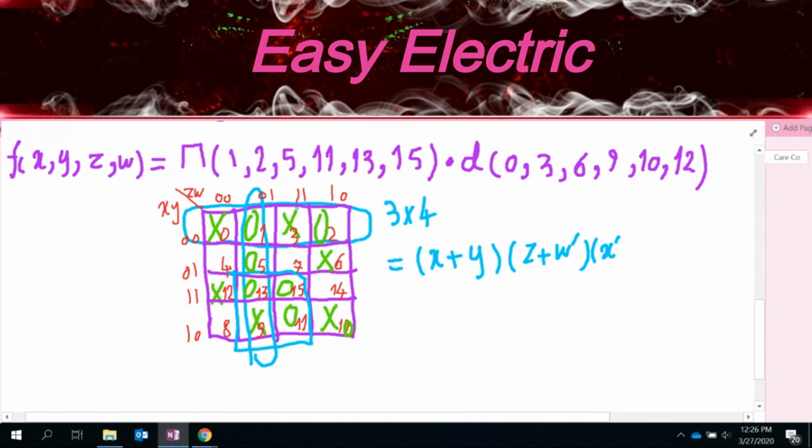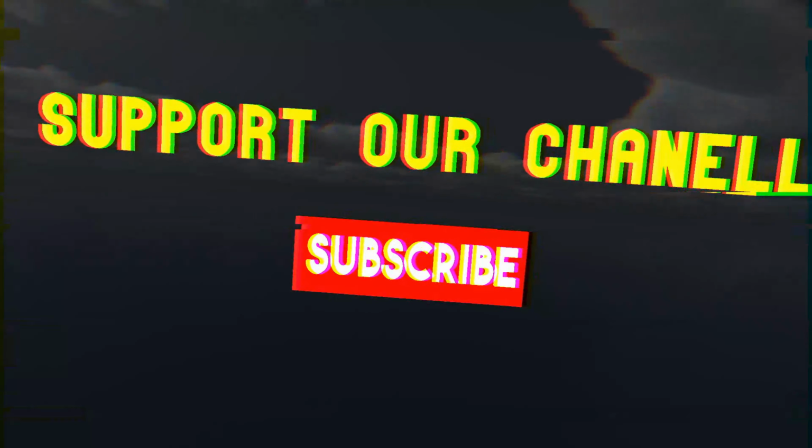The z is 0, 1, gone, and the omega is 1, which should be omega prime. Okay. So you have x plus y, z plus omega prime, x prime, omega prime. Okay. So this is another example which shows how you could use the don't care.